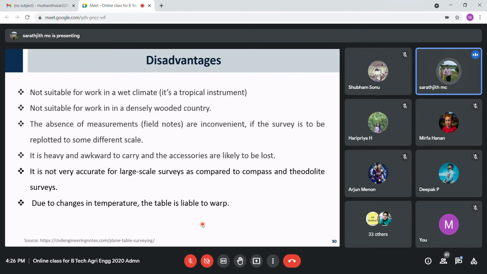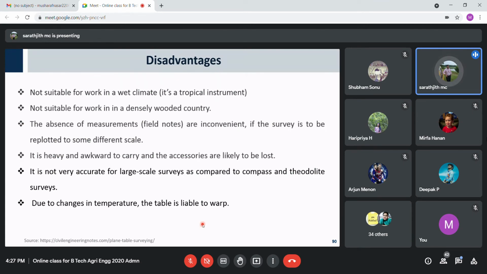And although we consider it an advantage of plotting and measurement simultaneously, you will not generally go with field notes while plane table surveying, because anyway you are directly mapping. So this absence of field notes will restrict you from doing the plotting into a different scale if you want.